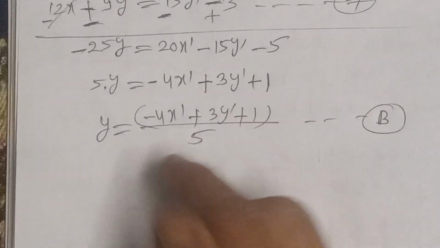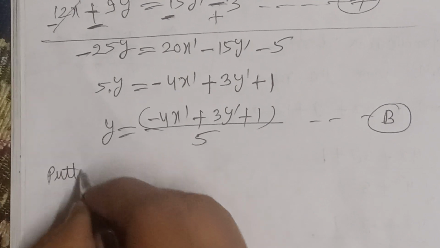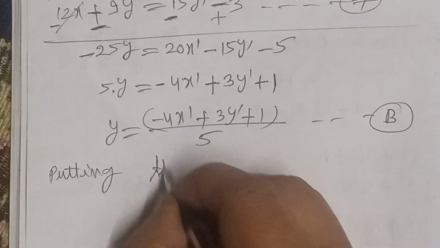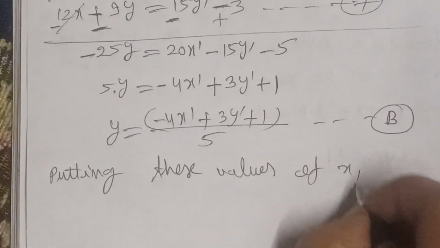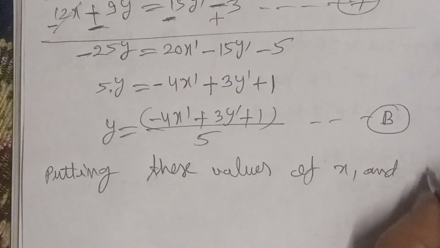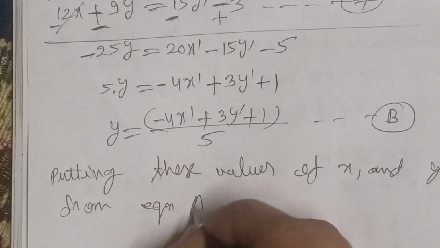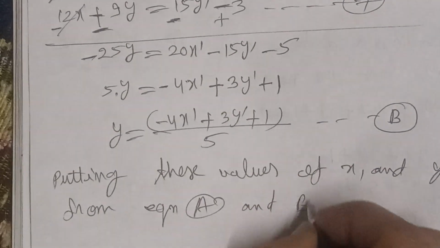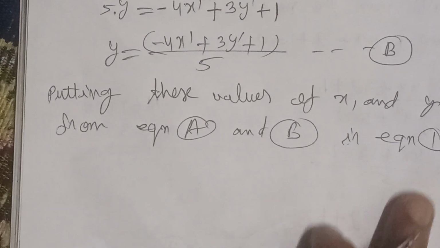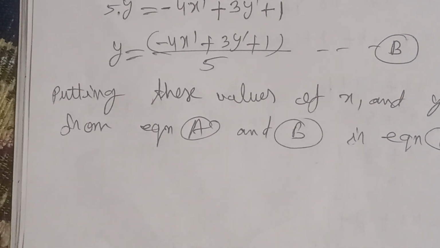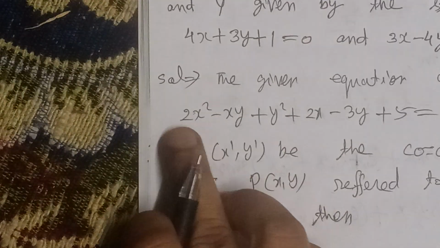So now we put the values of x and y from equations a and b in equation 1, the equation of the curve. First term is 2x square.